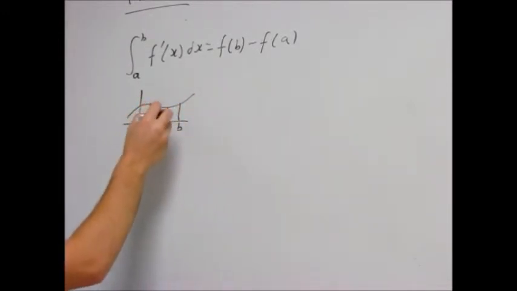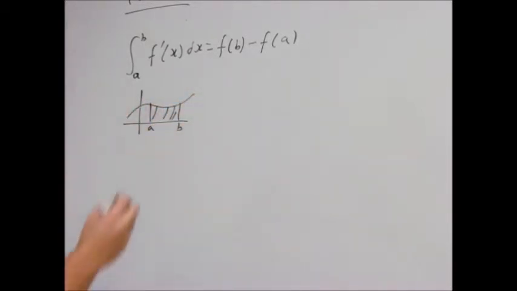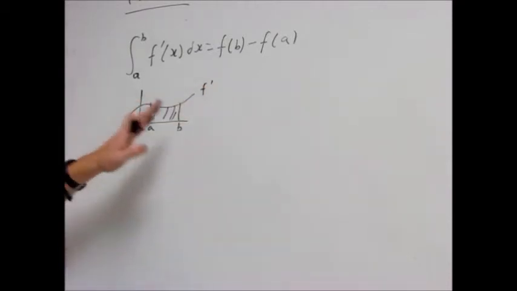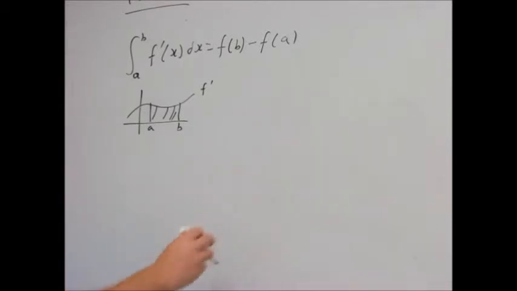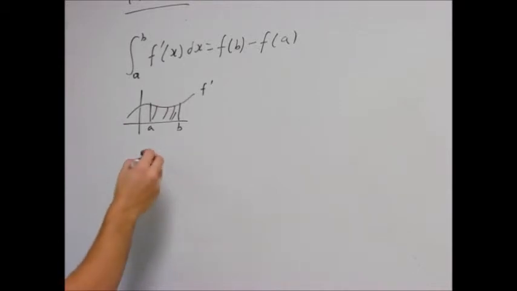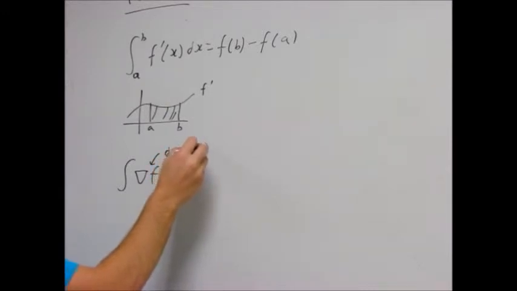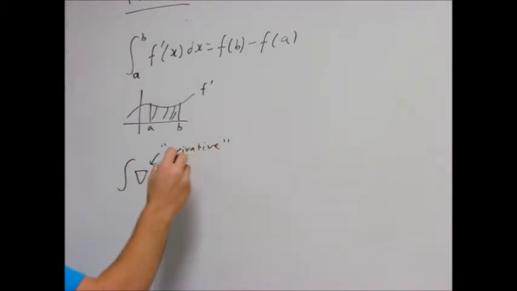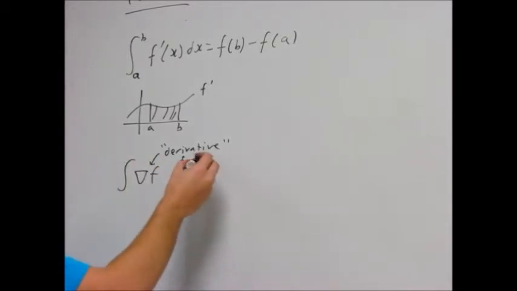The integral of this function, let's say this is the derivative of a function, will just be the function evaluated at b minus the function at a. And similarly, this is a more general form. This talks about the integral of the gradient, which is kind of like a derivative. It's a form of derivative for vectors, or it's a derivative for multivariable functions.